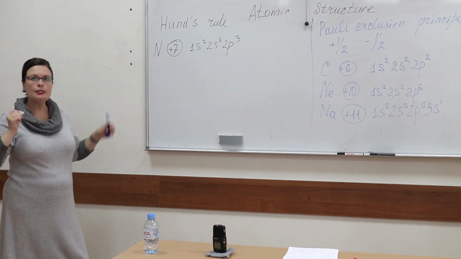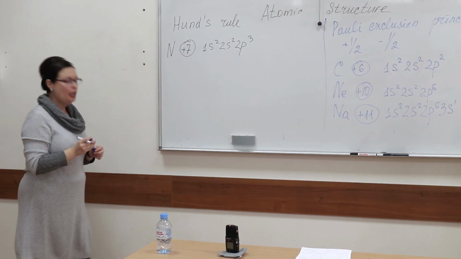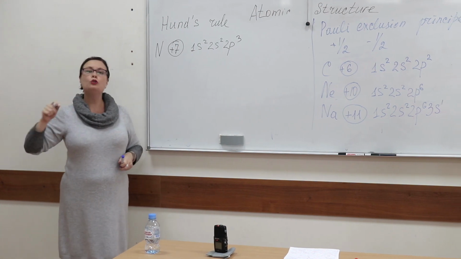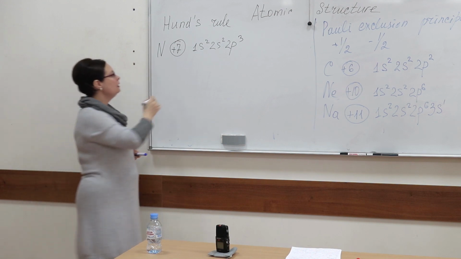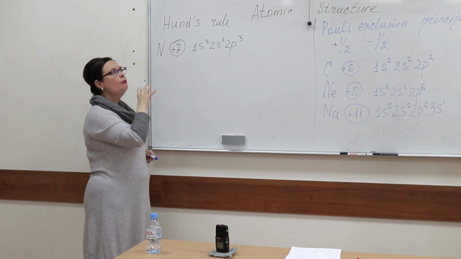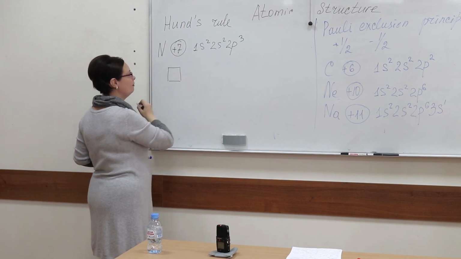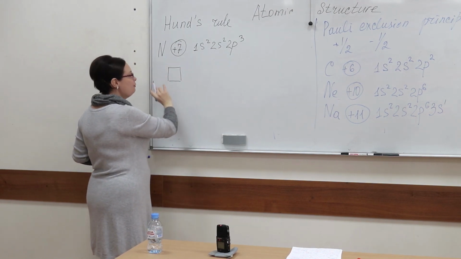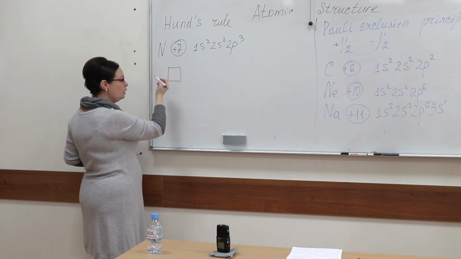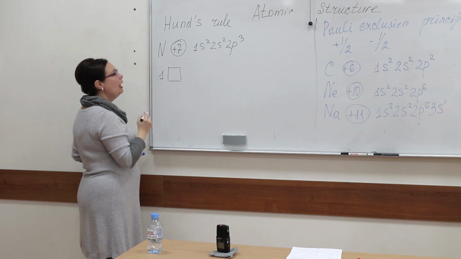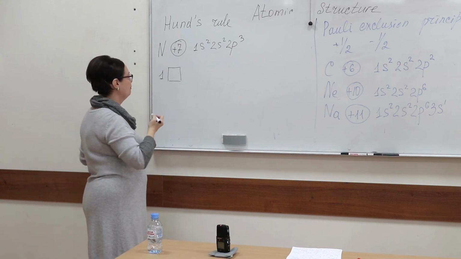And let's show the distribution of the electrons using the quantum arrow in box model. In this model, the orbital will be expressed as a box. If sublevel has only one s orbital, it will be one box. And the electrons are expressed as arrows.